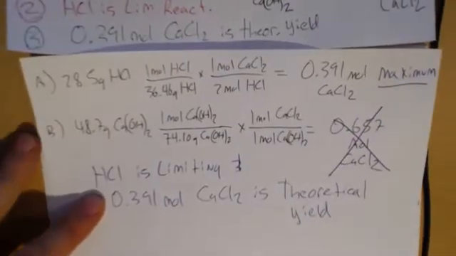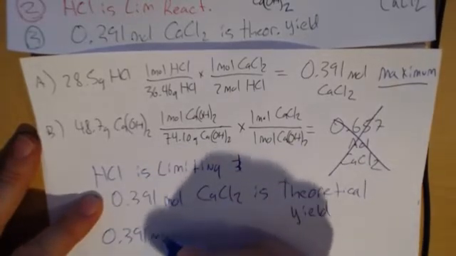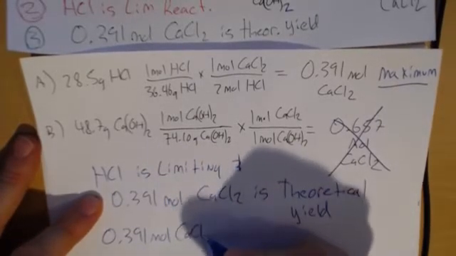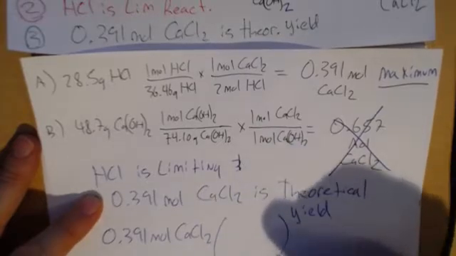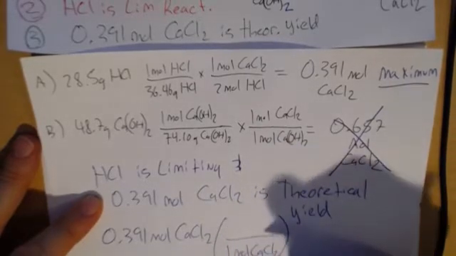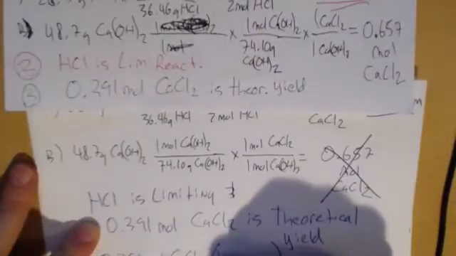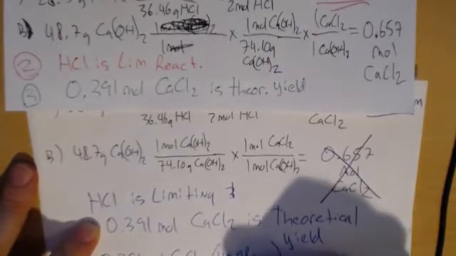We could actually find the mass of this too. Why don't we do an extra step? 0.391 moles of calcium chloride. 1 mole of calcium chloride was, I believe, let's go back here for a sec, 110.98 grams. I'm going to put that in here too. 110.98 grams.